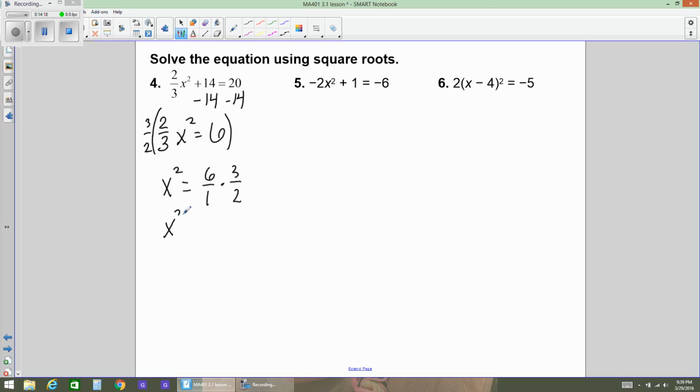So x squared equals, now I can say 18/2, which we all know is 9, if you want me to do that way. So x squared equals 9. And square root both sides, adding a plus or minus, and x is equal to plus or minus 3.